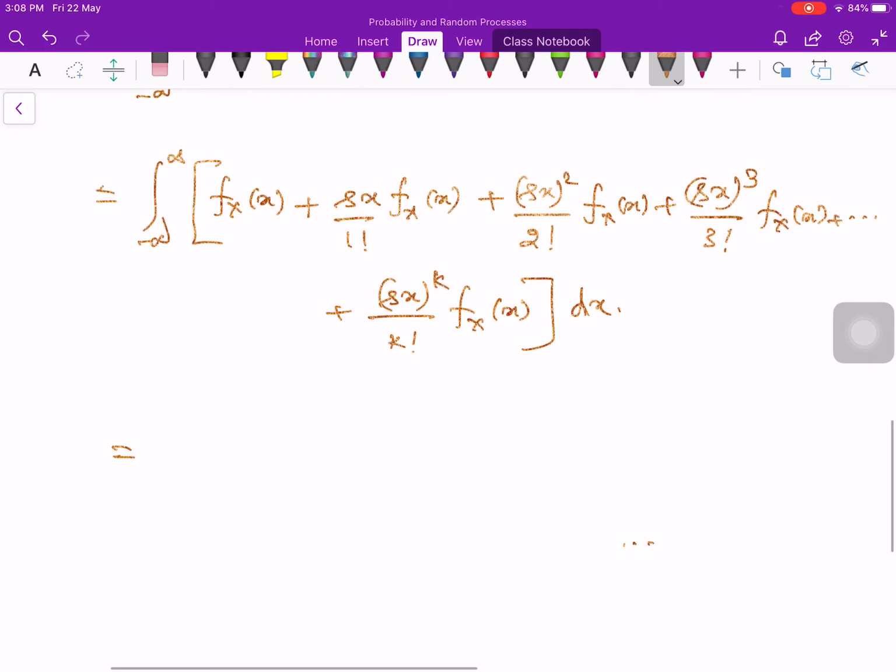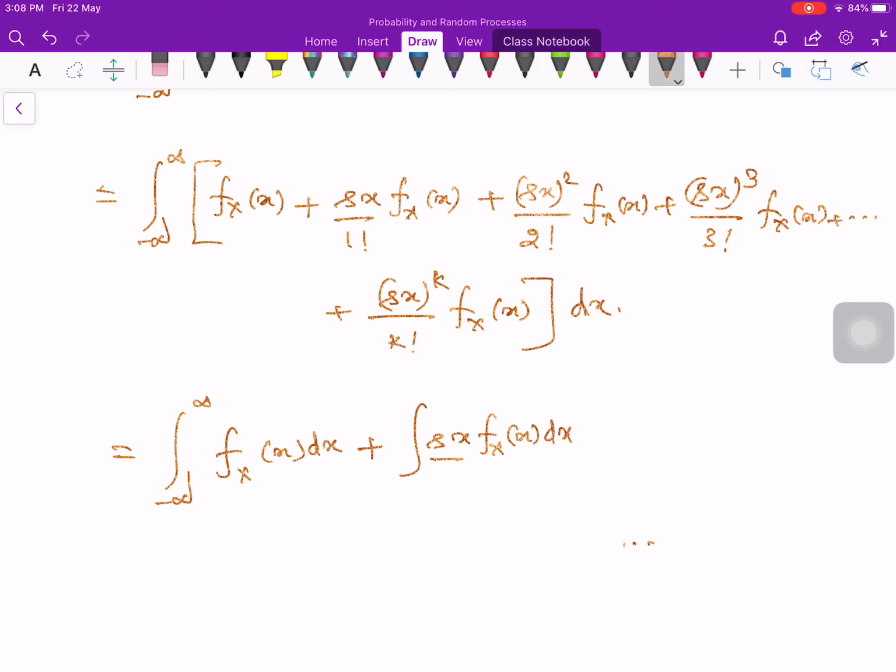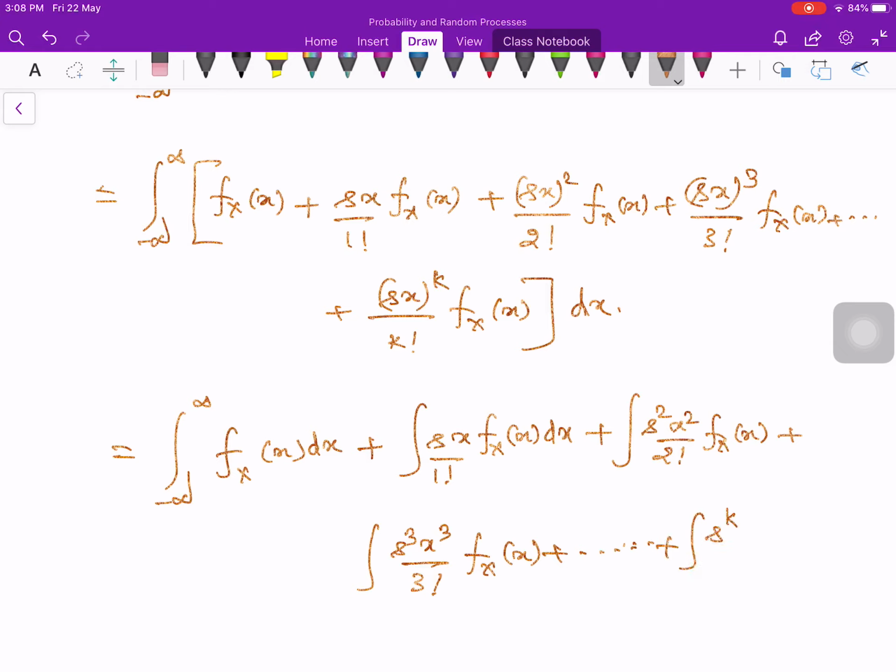So this is going to be the integral from minus infinity to plus infinity, integration over the limit, of f_X(x) dx, plus the integral of s times x times f_X(x) dx by 1 factorial, plus the integral of s squared x squared by 2 factorial f_X(x), plus the integral of s cubed x cubed over 3 factorial times f_X(x), plus dot dot plus the integral of s to the k x to the k over k factorial times f_X(x) dx.